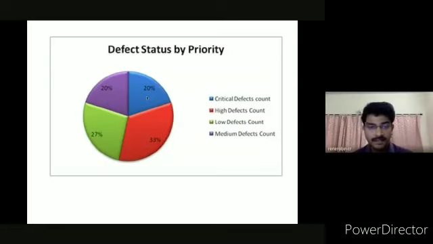We have to deal with them immediately, and the 33% high defects we have to address without much delay, and low defects are 27%, and medium defects 20%. So the critical defects, high defects, and if possible medium defects, must be addressed before you move to the next process, and we can go along with this 27% of low defects, which will not harm your product much.